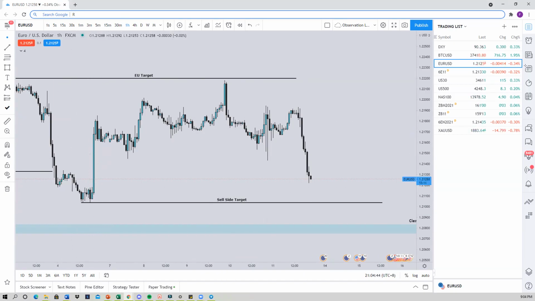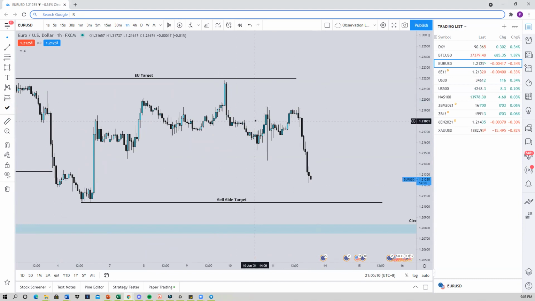Now what this one provides is only buy side. So what ICT rebranded as buy side imbalance, sell side inefficiency, and this one over here is sell side imbalance, buy side inefficiency.